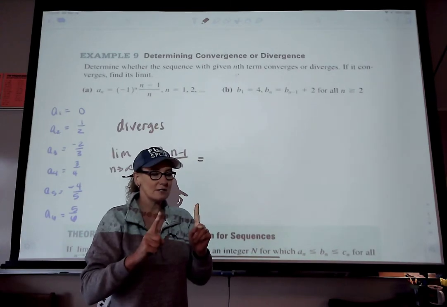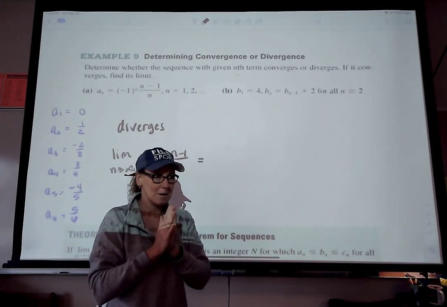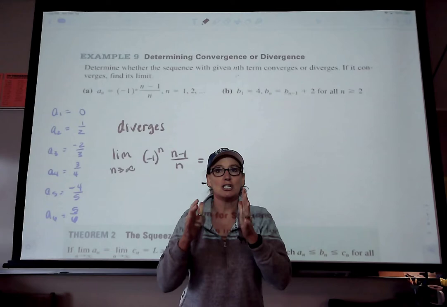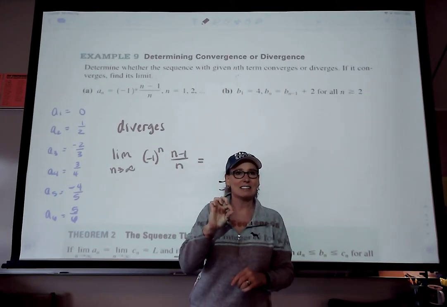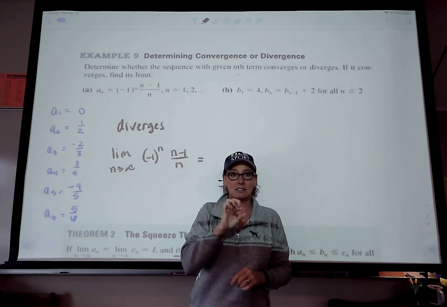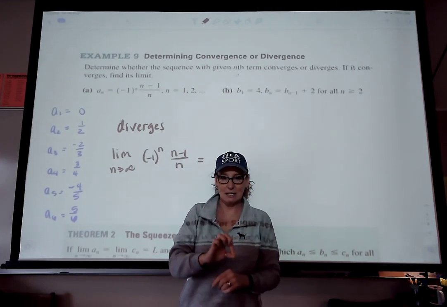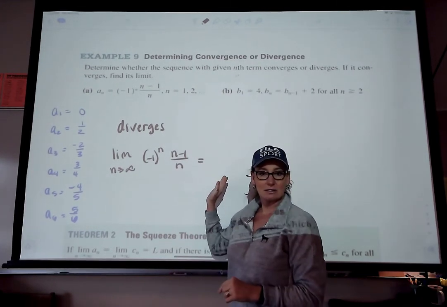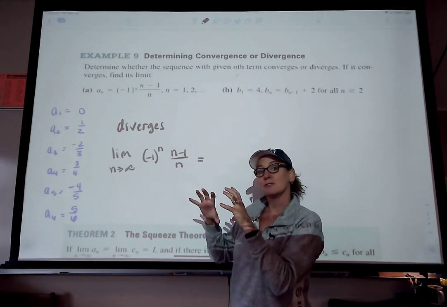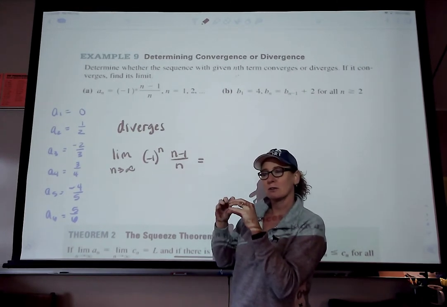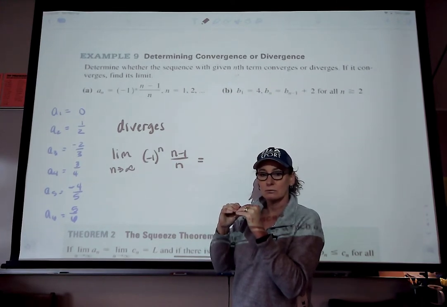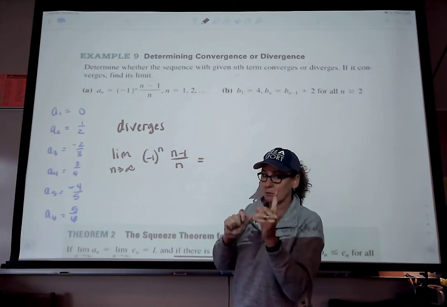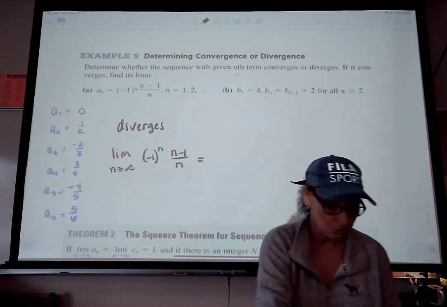I'm pretty sure this is a true statement: just because a sequence oscillates in sign does not mean that the limit doesn't exist, because each fraction could be getting smaller and smaller and smaller, approaching 0. But I'm not on this one. So it diverges.